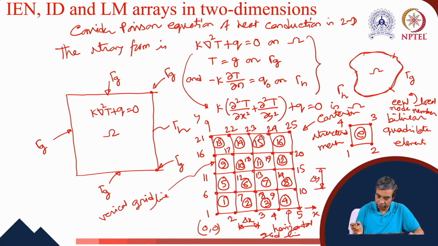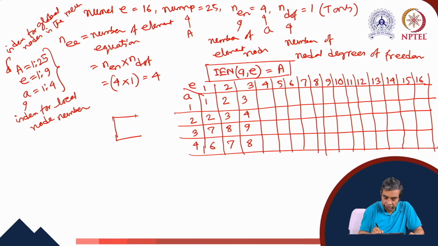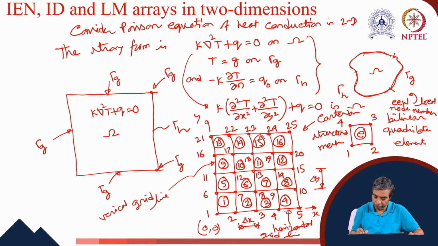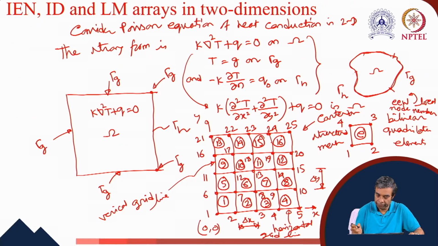Similarly, I can construct 3, 4, 9, 8. The construction is based on this numbering: local node 1, local node 2, local node 3, local node 4. So these are the small a things. After 3, 4, 9, 8, we have 4, 5, 10, 9.